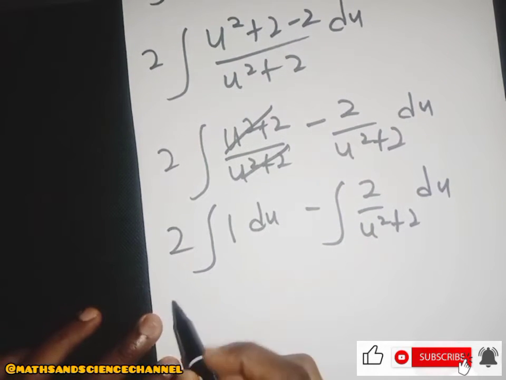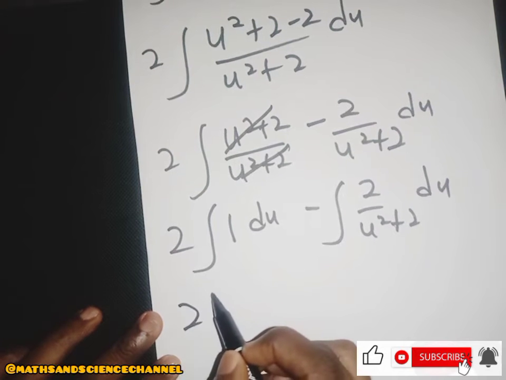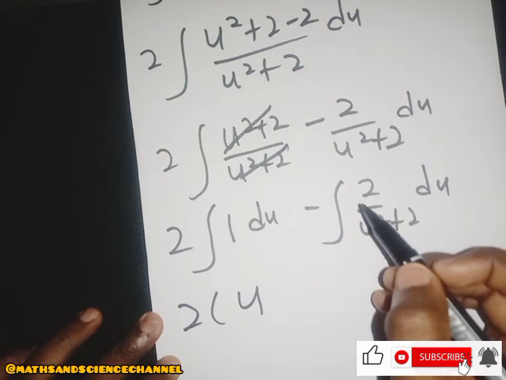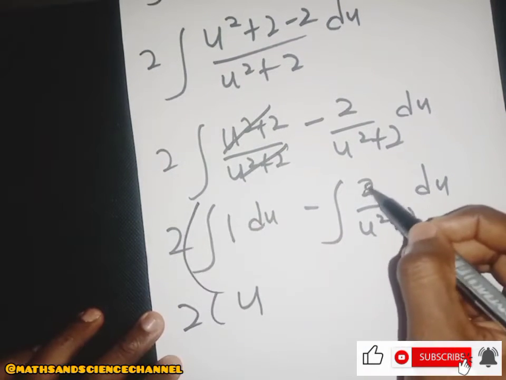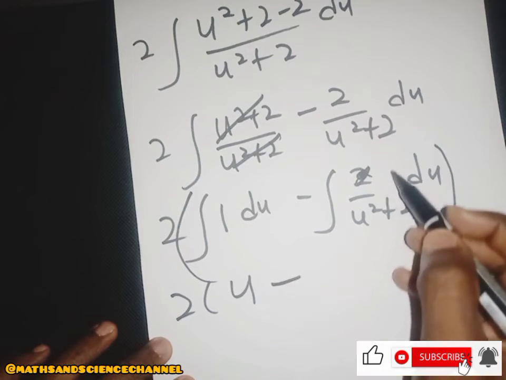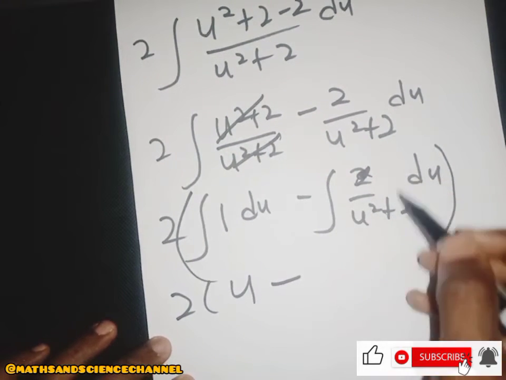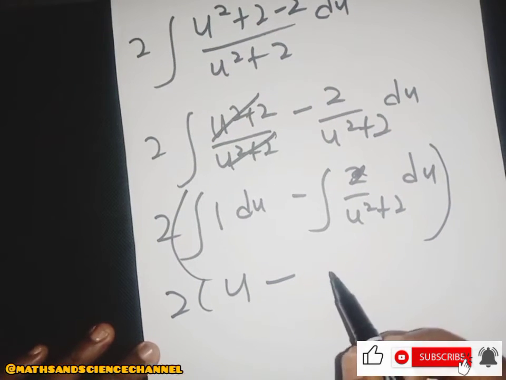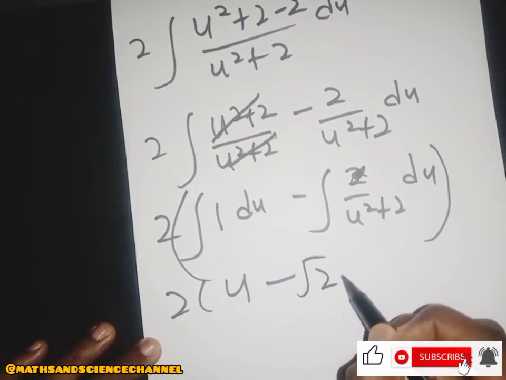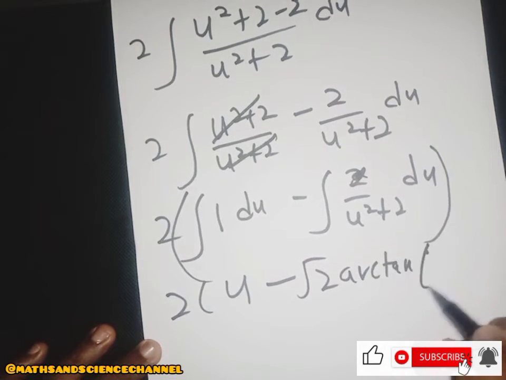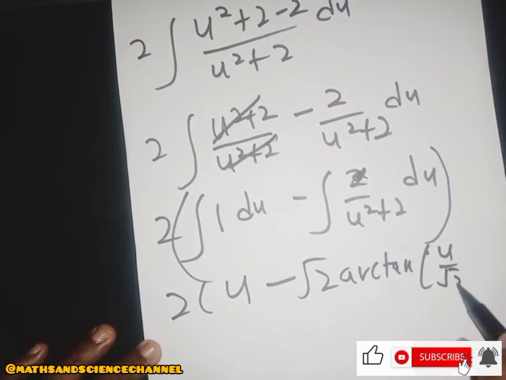So integrating this, we just have u, right? Let me quickly put everything in a bracket, and then minus, when we integrate this, we just have the square root of 2 times the arctan, which is the tan inverse of u over root 2, plus c.